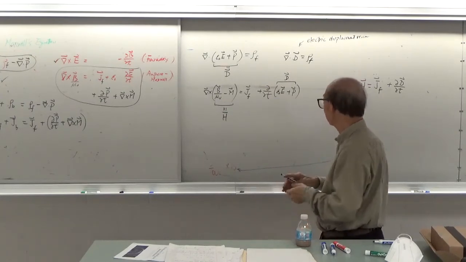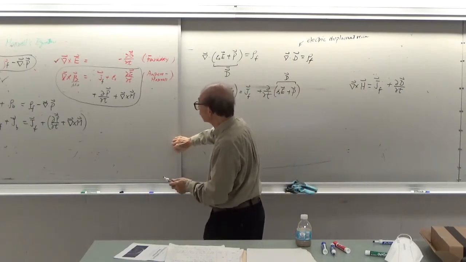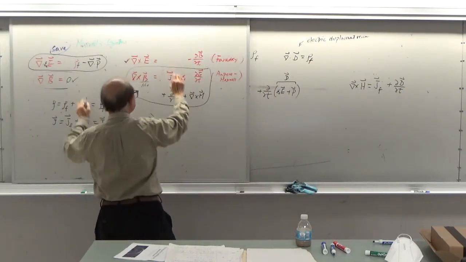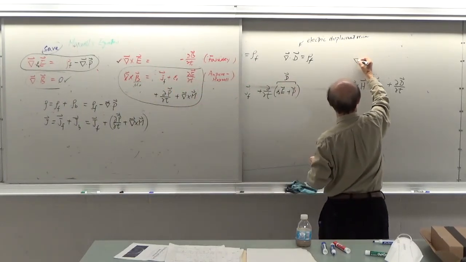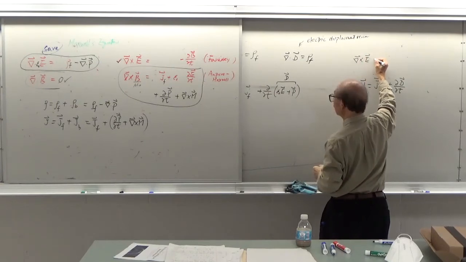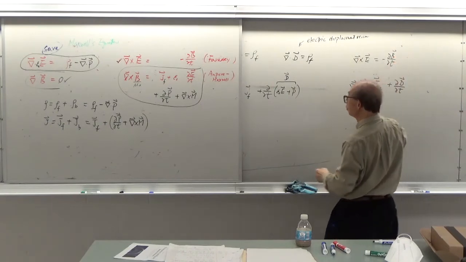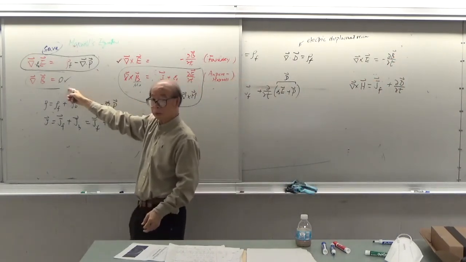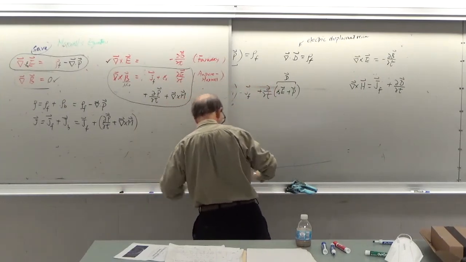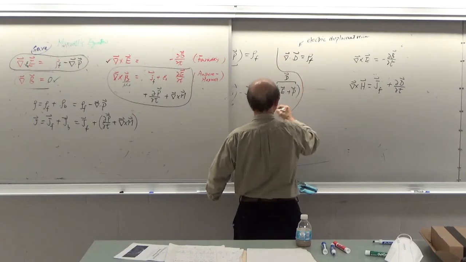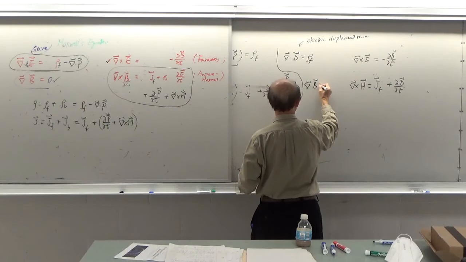All right? And let me copy down the other two Maxwell's equations. This one involves curl of E is equal to minus del B by del T. And then this equation, divergence of B is zero.